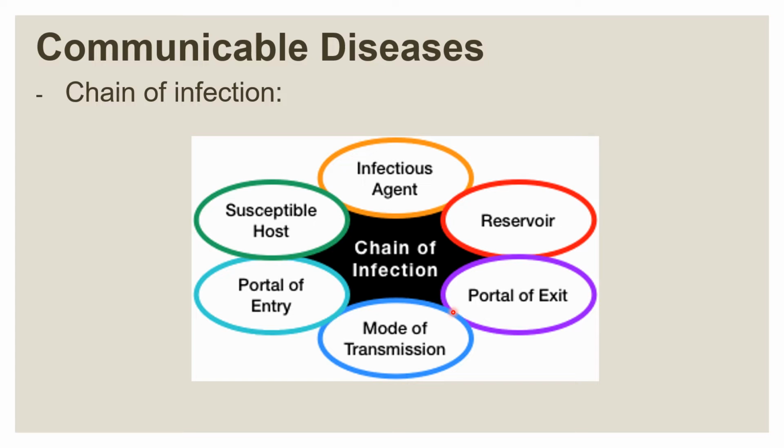Airborne transmission, on the other hand, is the same thing, but these particles from the infected individual travel longer than 3 feet. Usually the particles from the infected host are very tiny, tinier than those through the droplet, because they're able to travel farther than 3 feet.